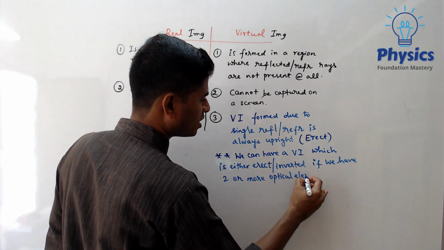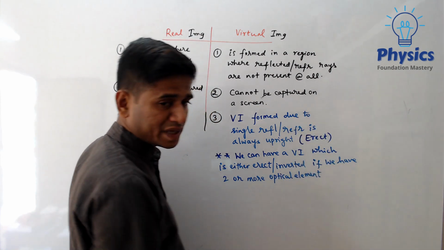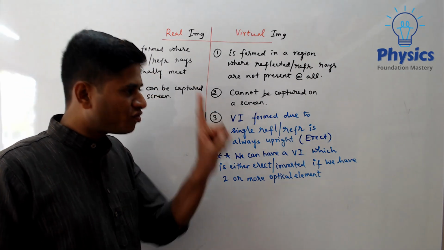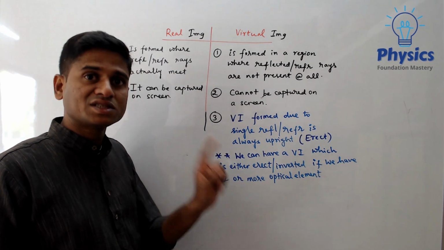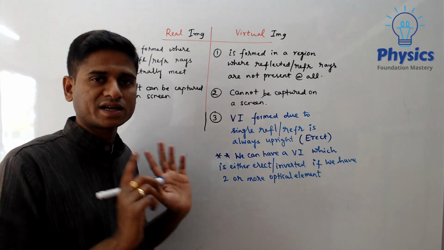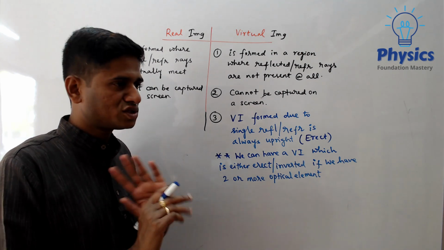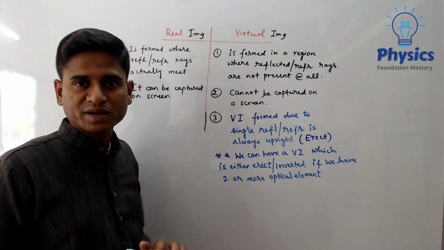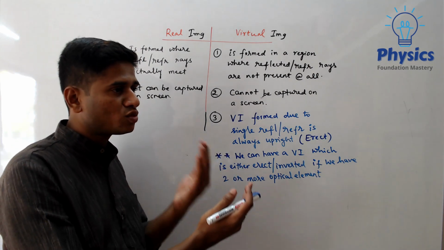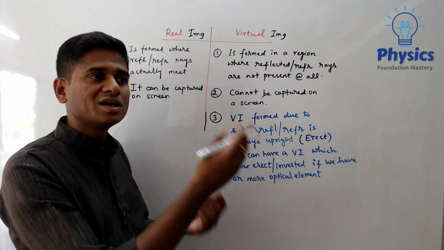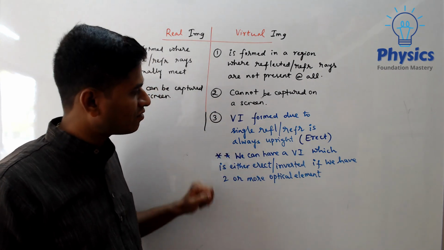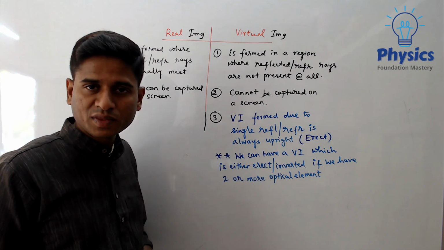What do you mean by optical element? Mirror or lens, whatever. So if you have only one mirror or one lens, then the virtual image so formed is going to be erect. There is no possibility that it can be inverted. However, if you have more than one optical element, more than one lens, more than one mirror, etc., then you can have a virtual image even inverted.